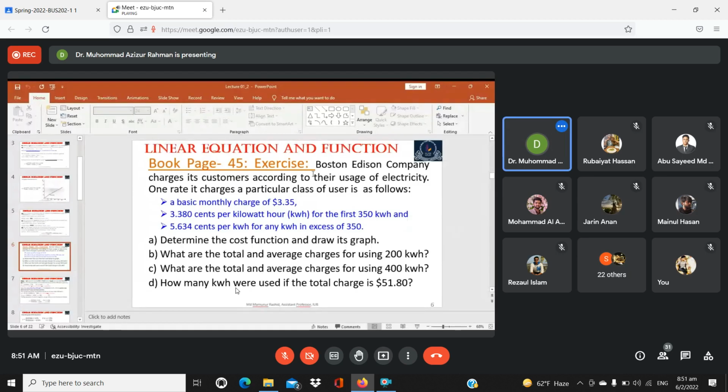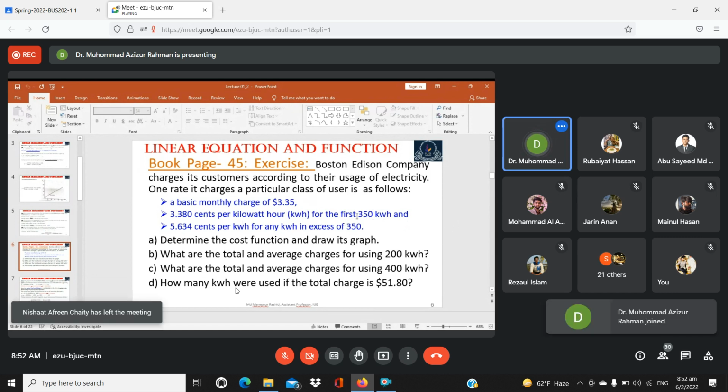So here it is. Boston Edison Company charges its customers according to their use of electricity. One rate it charges a particular class of user is as follows. Basic monthly charge $3.35 is fixed. Then on top of that, variable cost for 350 kilowatt hours at this rate.